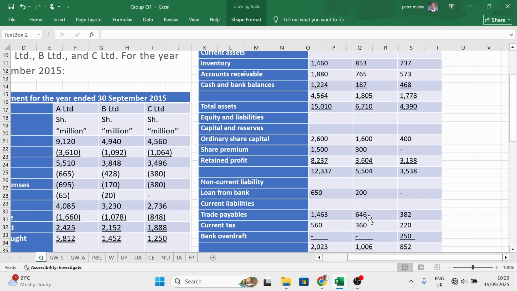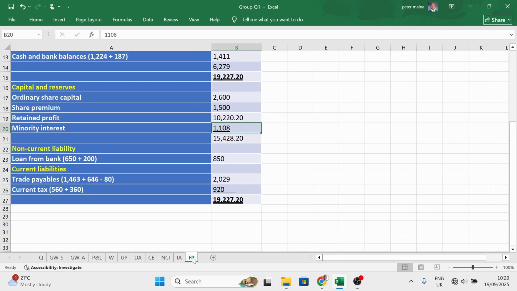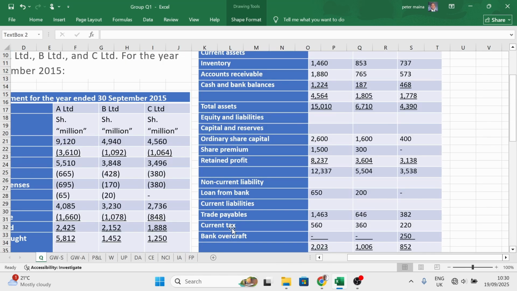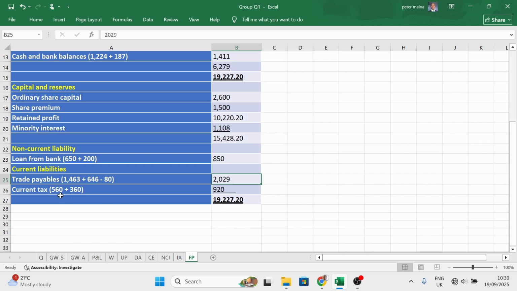The subsidiary had 646. So during the consolidation, we add 1463 to 646, and then we deduct the intercompany debt. We get the total. Current tax. The parent had 560. The subsidiary had 360. You add those two, 560 plus 360, you get 920.